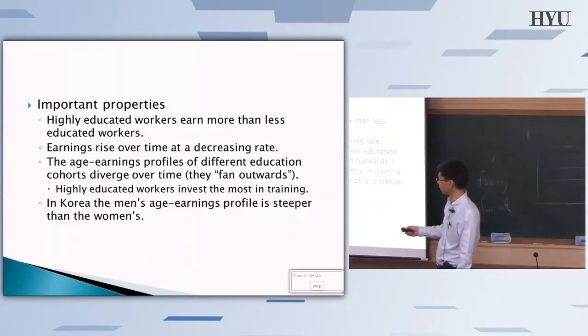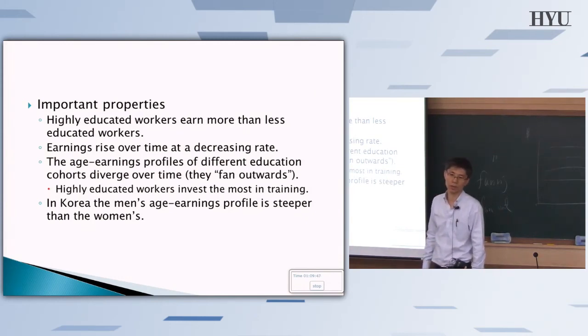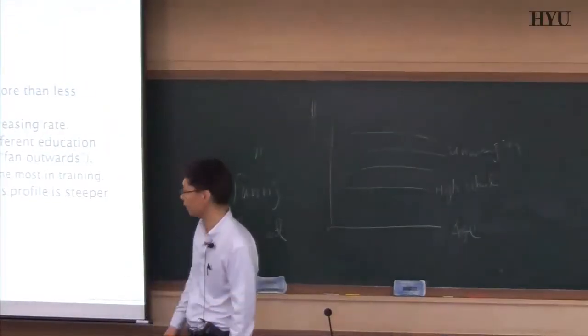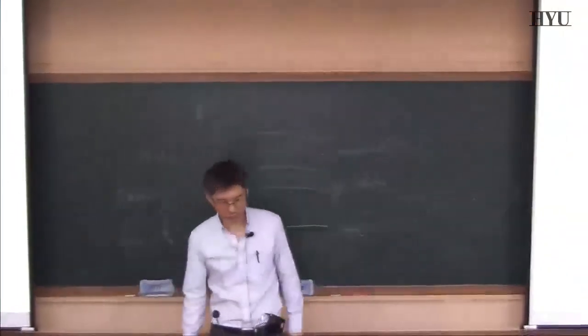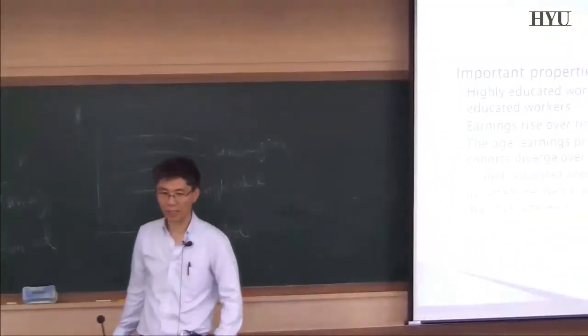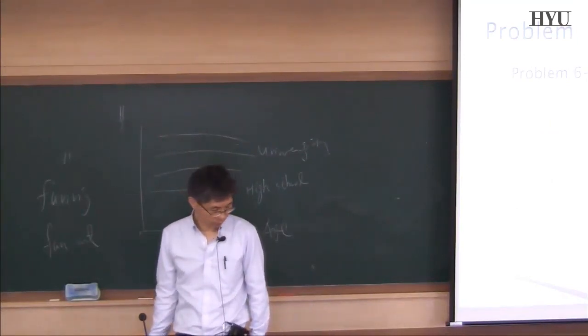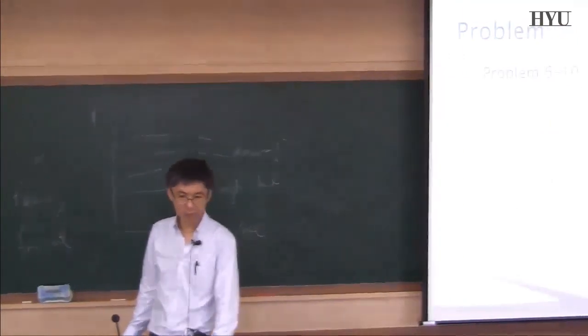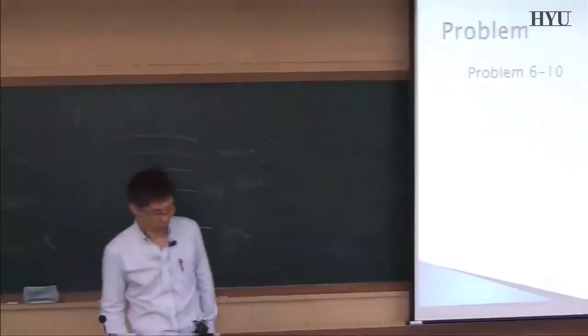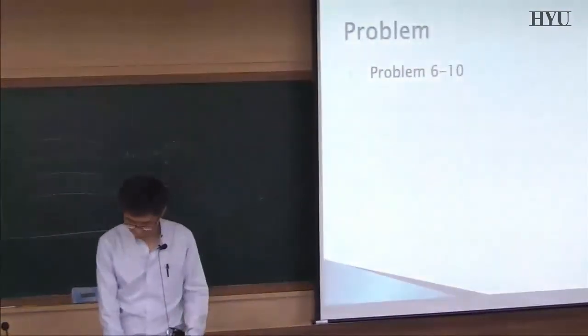And in Korea's case, the men's age-earnings profile is steeper than the women's. So there must be a difference in the level of investment in human capital after school. I think we should finish here today, and next class we will do wage structure.